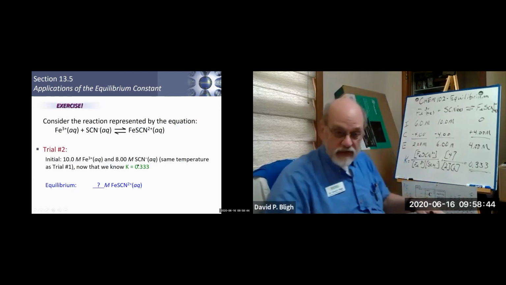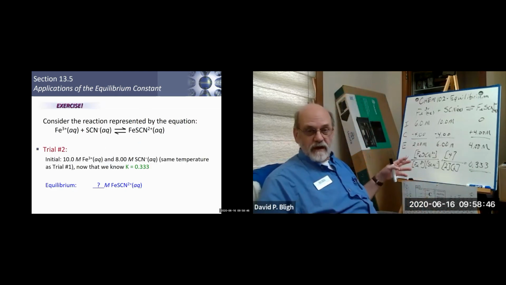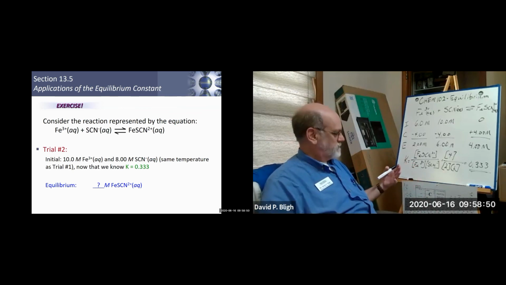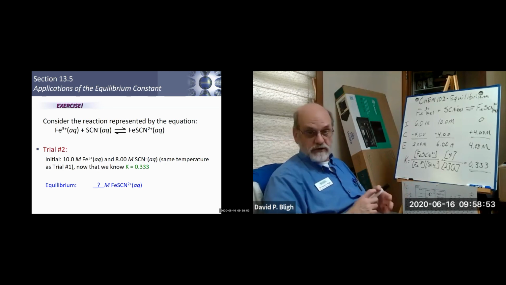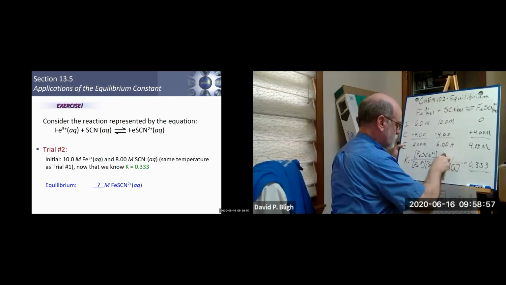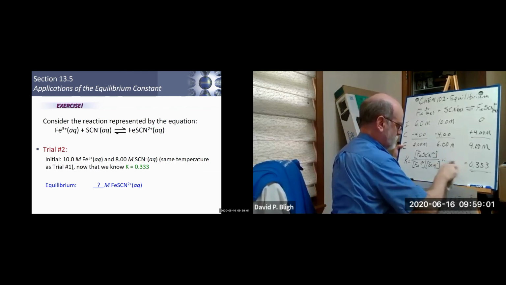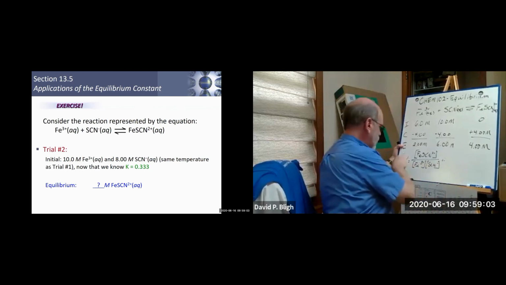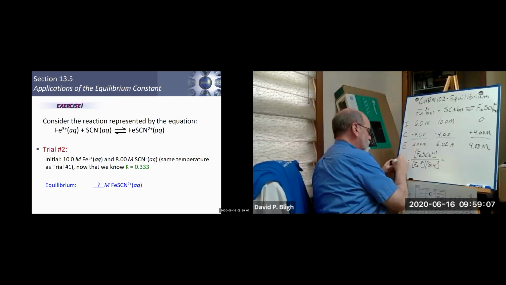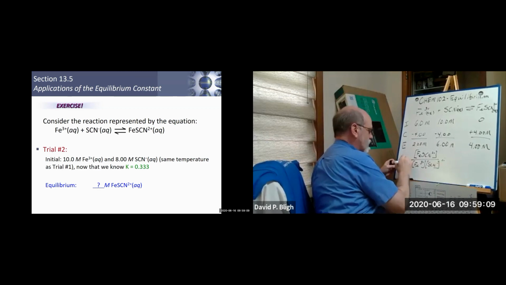Okay, now that we know what K is, suppose we're given a different set of values to start with. All right, so let's do this, and that, and now we know that this K value is 0.333.